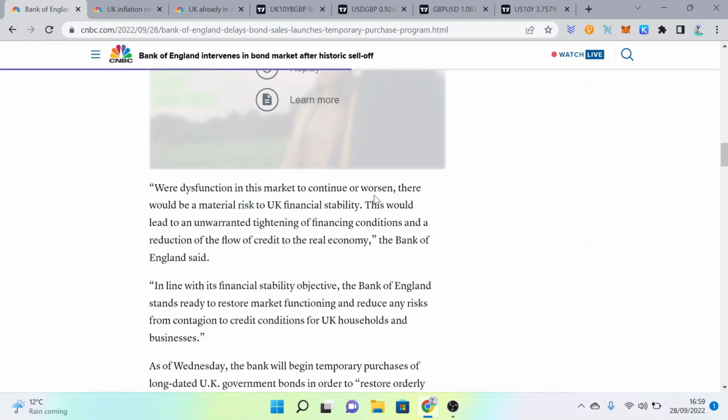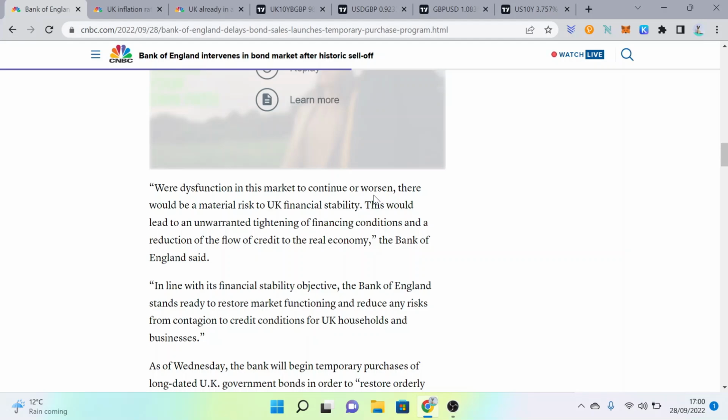Were dysfunction in the market to continue or worsen, there will be a material risk of UK fiscal stability. So they're talking about the UK money itself in the UK, the kind of fiat money that we have. This would lead to unwarranted tightening of financial conditions and a reduction of the flow of credit to the real economy.